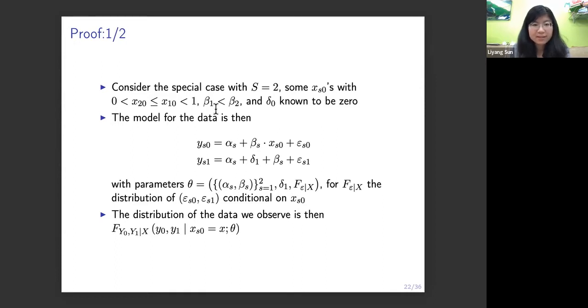We can normalize the time effect in the base period to be 0. Then the heterogeneous model can be written using the parameters of the state fixed effects alpha s, the time effect delta 1, and the state-specific coefficient beta s.